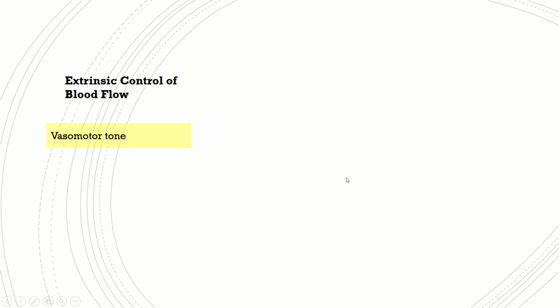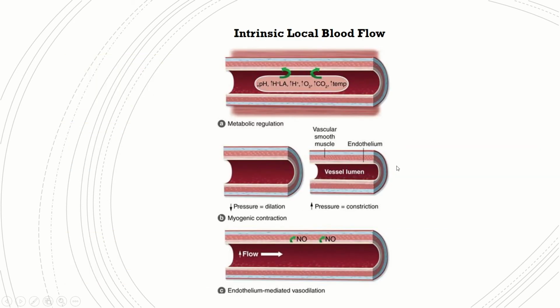So just again, very quickly, because I know sometimes this can be a little complicated, there are three main variables that are going to dictate the radius of your arterioles and arteries to determine the blood flow that goes through them.